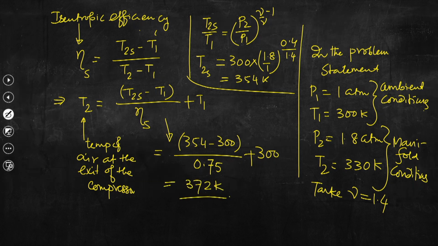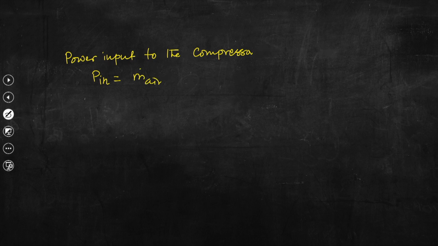So, this is very important. So, if we go to the next slide, then we can calculate the power input needed for the compressor. So, power input to the compressor, P in equal to m dot air into Cp air into T2 minus T1, actual compression, right.